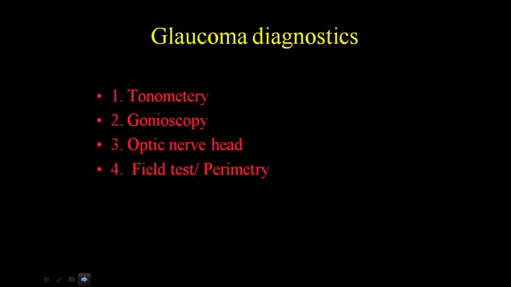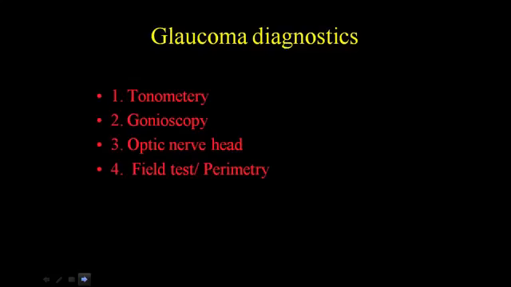Once you have taken a proper history, we'll examine the patient's eye. And there are four important components of diagnosis and management of glaucoma. The first one is the measurement of intraocular pressure. The technique is termed tonometry. The second is visual field analysis or perimetry. The third is optic nerve head evaluation, or we call it fundoscopy.